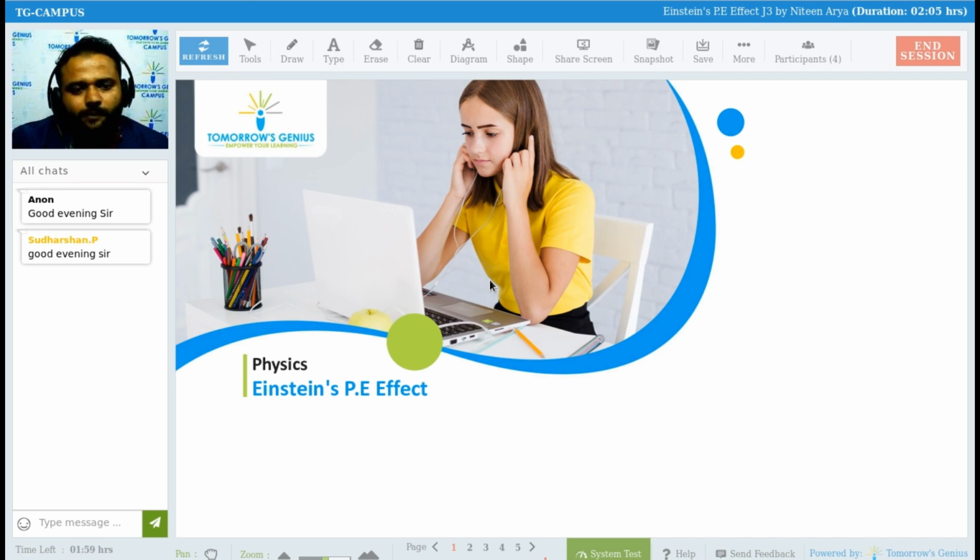Then the particle nature of light, the photon and its properties, different characteristics of photon, and then the photocell. The important thing in this class is going to be the photocell. Photocell is nothing but the reverse of an LED. What is an LED in general?